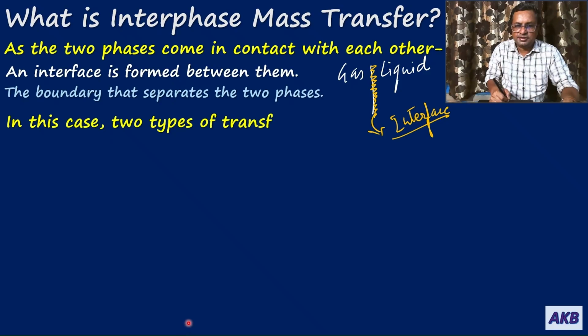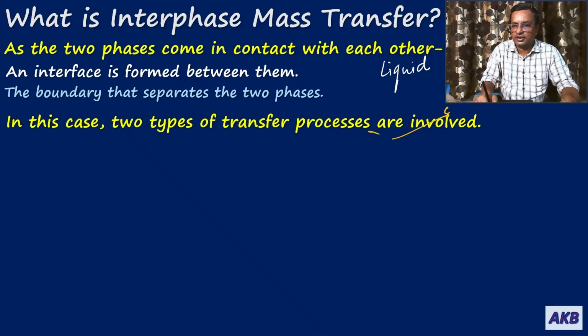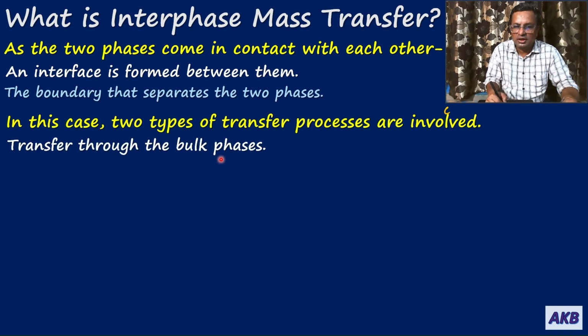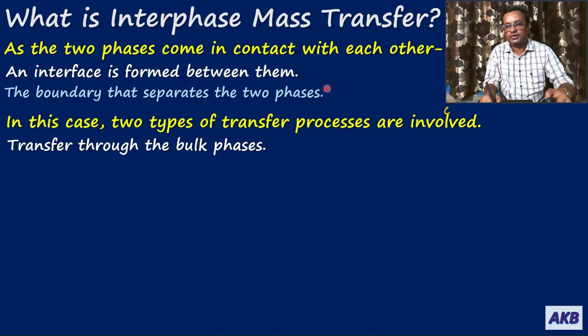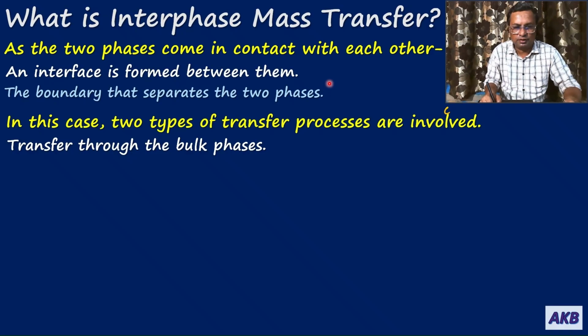In this case, two types of transfer processes are involved. The first one is transfer through the bulk phases. So for example, if it is gas and liquid, then there will be transfer through the gas phase and then transfer through the liquid phase. So one type of transfer is transfer through the bulk phases.